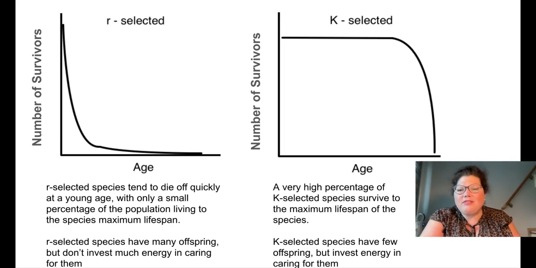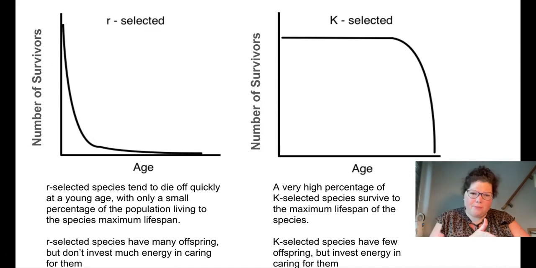We learned that previously R-selected are things like trees and moths, things that are producing thousands and thousands of babies, but they're not parenting any of these children. So not many are going to make it to that maturity age where they can reproduce again, which is why we have very high numbers in the beginning, but then they drop.